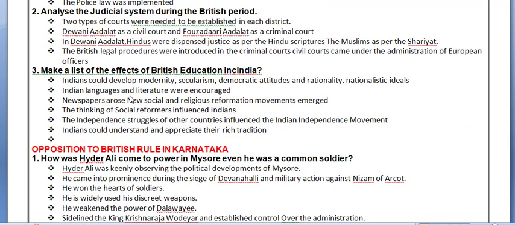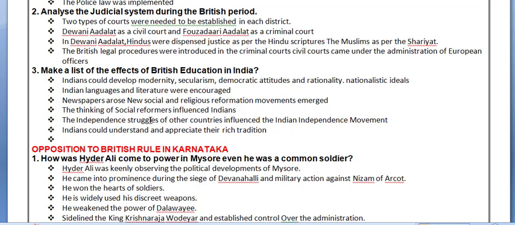The next, make a list of the effects of British education in India. Indians could develop modernity, secularism, democratic attitudes, rationality and nationalistic ideals. Indian languages and literature were encouraged.